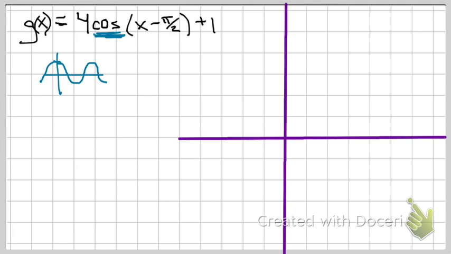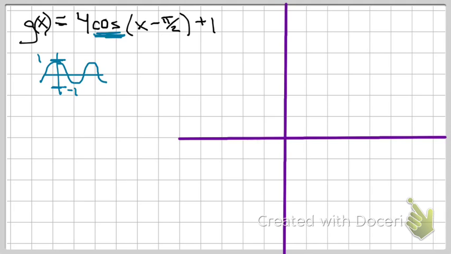But if we're just looking at the parent function, we're just looking at cosine. It'd just be 1. Okay, so we know the amplitude's 1, so I know that's 1, and this down here is -1.